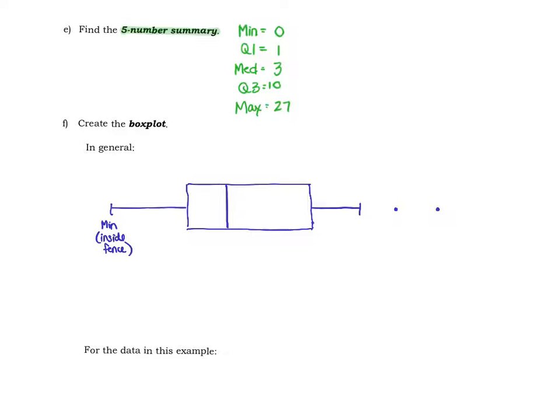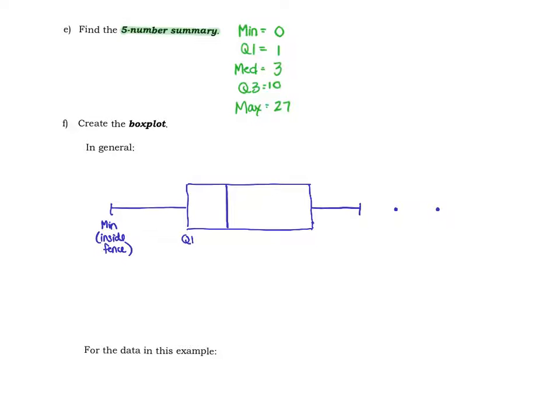Okay, the minimum value, but it's a data value. It's not the fence. It's a data value that's still inside the fence. So in our example, had we had any data values below negative 12.5, those would have been little dots to the left. The left edge of the rectangle is your first quartile.